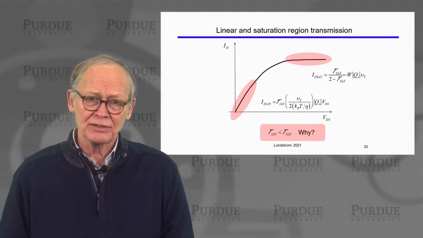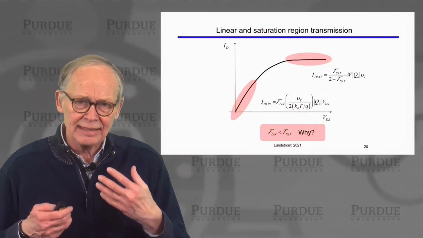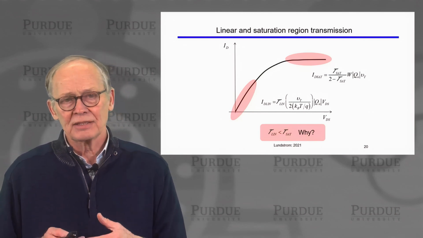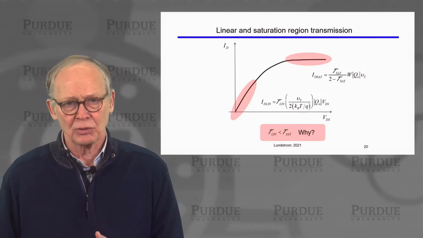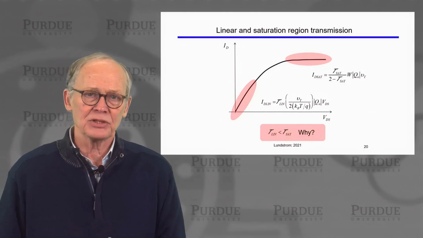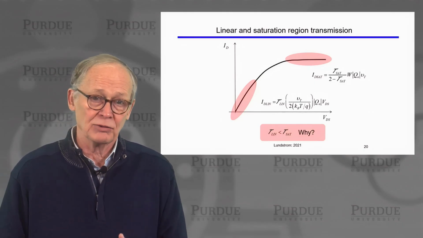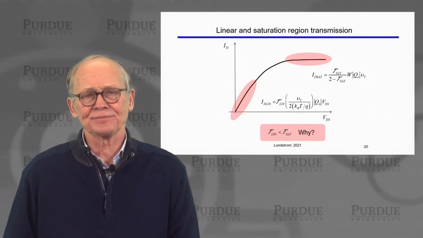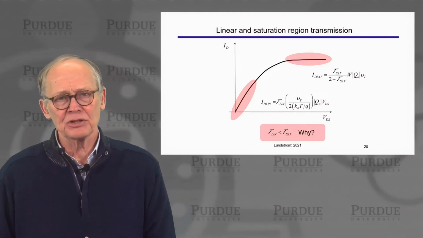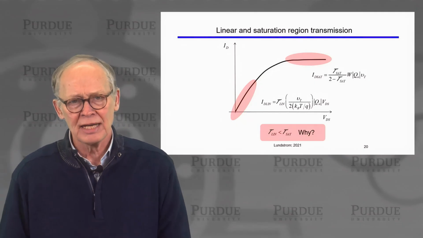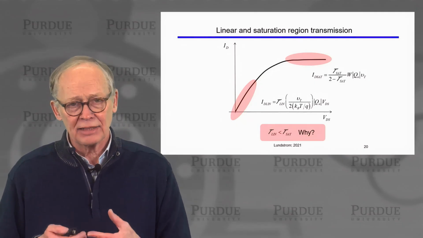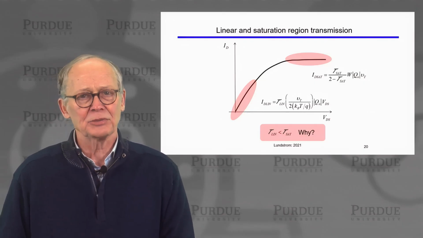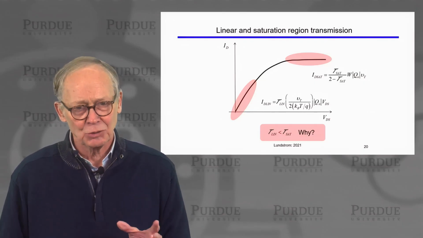Now, one thing you'll note in doing these kinds of analyses is that the transmission under saturated conditions, high drain voltage, is higher than the transmission under low drain voltages in the linear regime. Now, why is that? We might expect that the transmission would be lower under high voltage, because the electrons gain more energy and have more ways to scatter. But we find that the transmission is higher. So what's going on here?